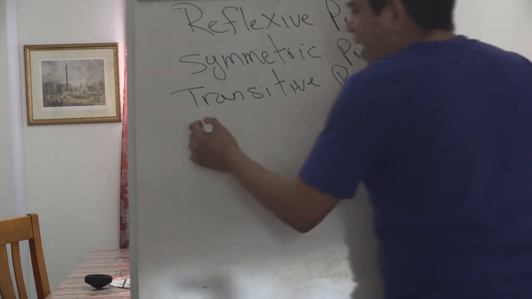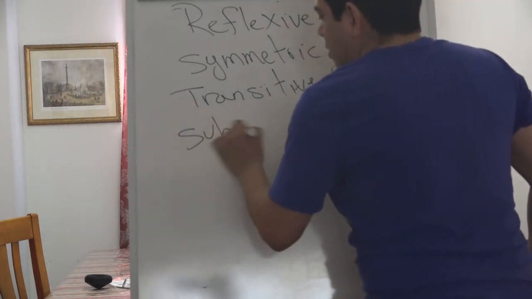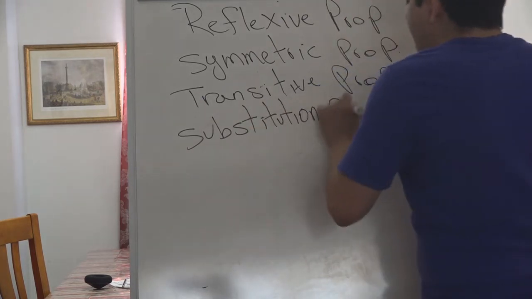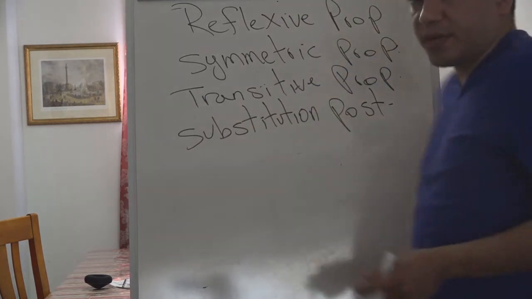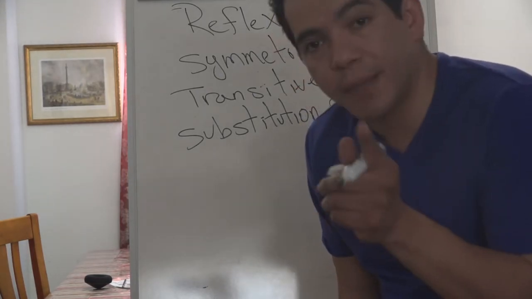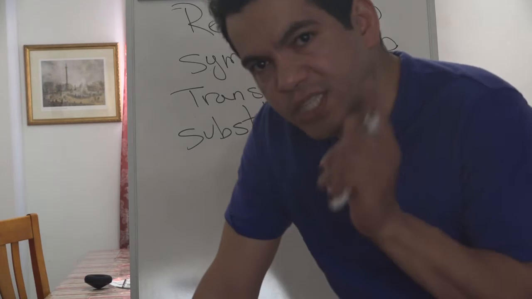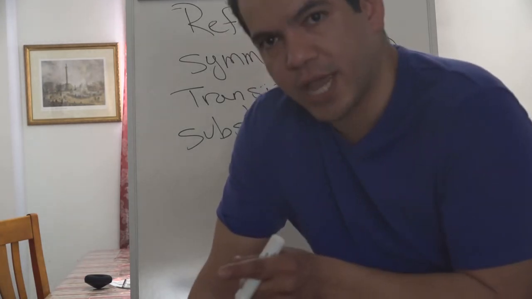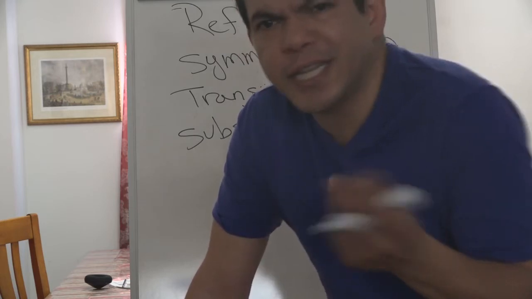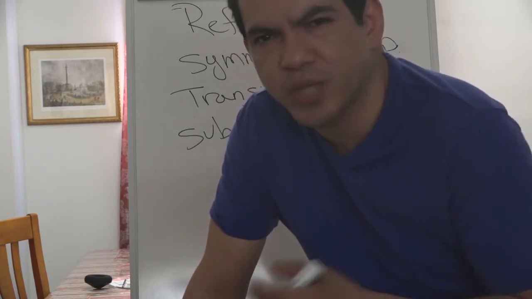Okay. Then we learned about the substitution postulate. Now listen to me. There's a difference between a theorem and a postulate. A theorem is something that can be proven. Okay? You need to prove that. But a postulate is something that is assumed to be true without any proof.